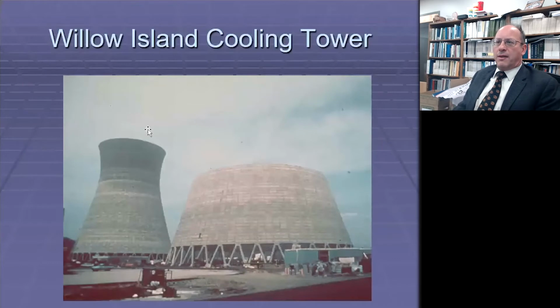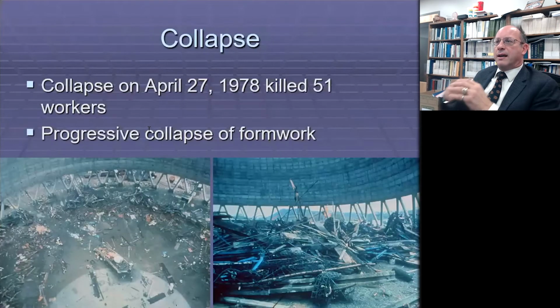So I think Charles maybe showed some construction of cooling towers in his presentation. And this is the Willow Island cooling tower collapse, where the formwork and the workers, 51 workers, unfortunately all fell down inside the tower, killing 51 workers. It was a progressive collapse of the formwork.